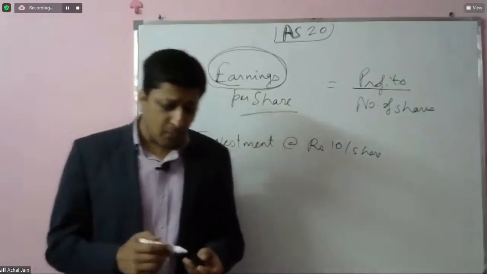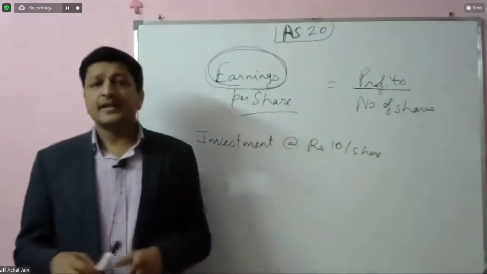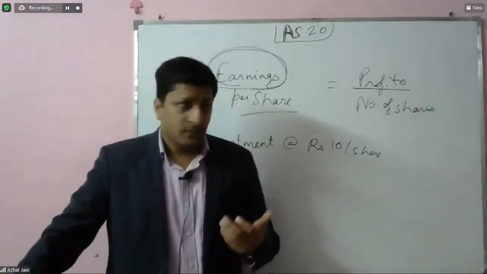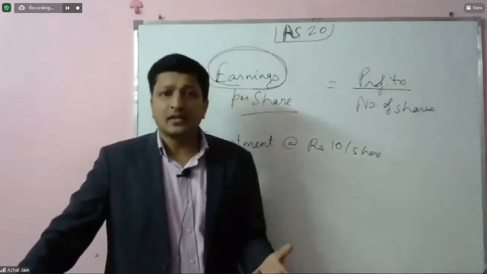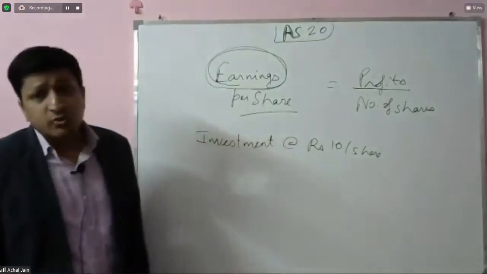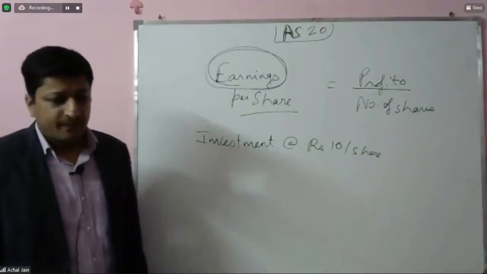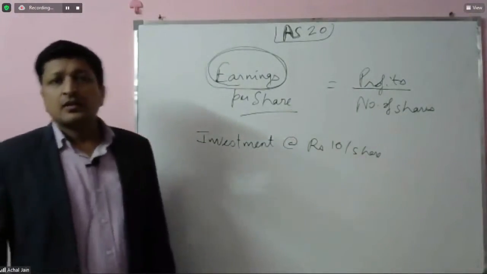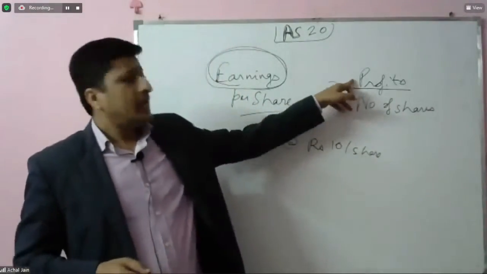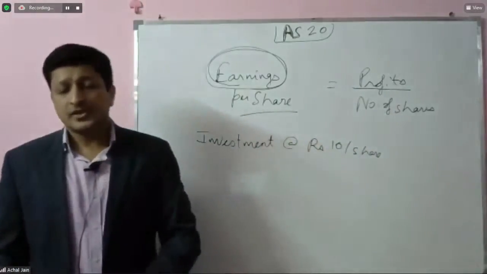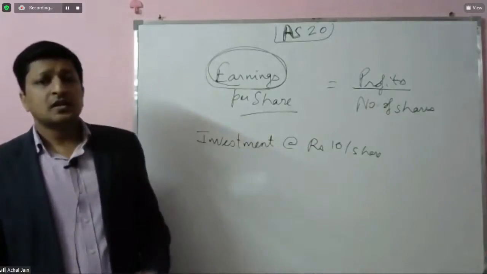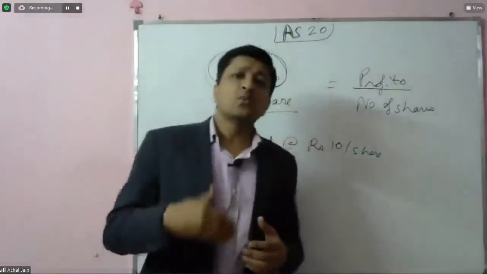This is a very important performance indicator from the perspective of the investor, because the investor would be keen to know what is it that he has been earning year on year. Okay. Now, for us to compute earning per share, as you can see, two things are required. One is the profit, and second is the number of shares. But this profit or number of shares needs to be understood with some more technicality.